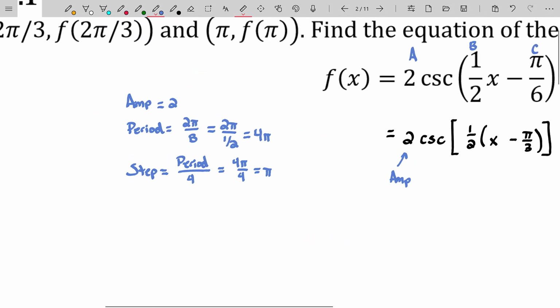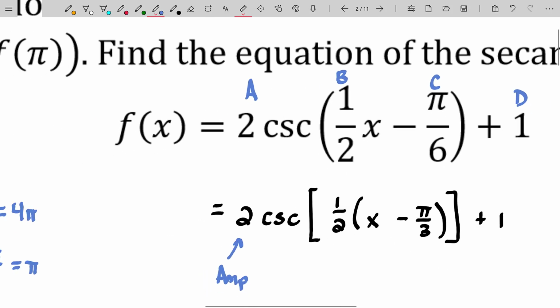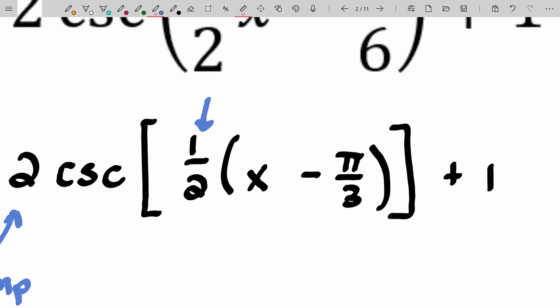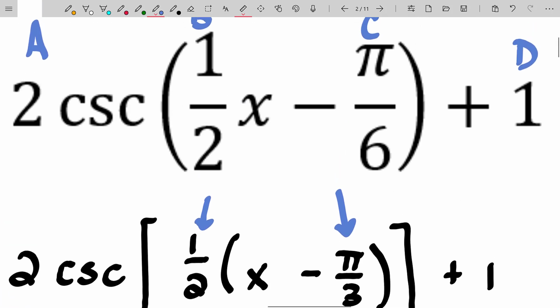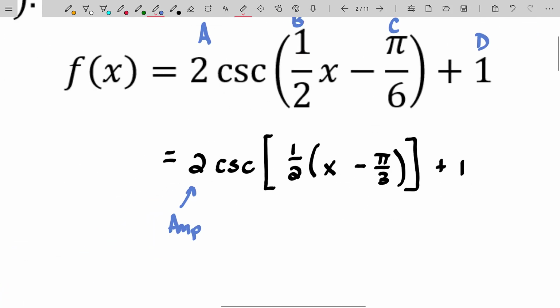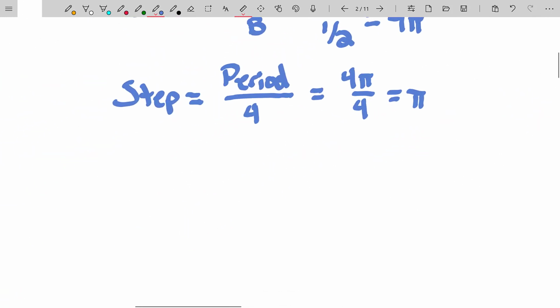Now let's talk about the horizontal shift. That's the c part, sort of. It's not exactly c. In fact, once you have factored out 1/2, you truly do see the horizontal shift. The horizontal shift is not apparent until you factor off the lead coefficient of x. A lot of students remember this as negative c over b, so I'm going to write it that way, but in reality, it's just the shift so many units left or right after you have done the factoring.